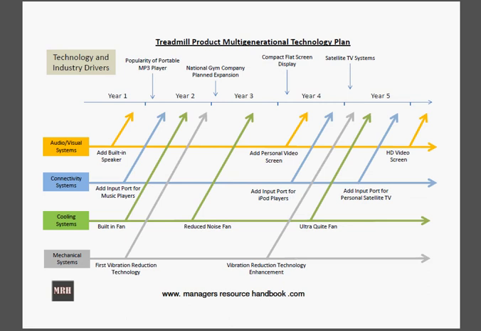So if we look to the very first one there, audio-visual systems, again, it's timing product features to the market. So the very first one there, the first enhancement to treadmills beyond just the motor was adding speakers. You could listen to the radio.